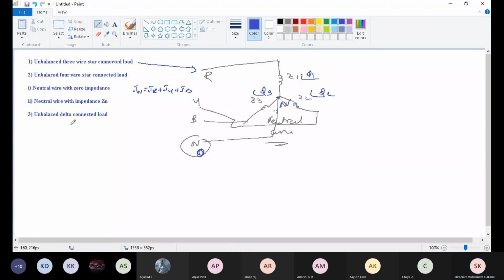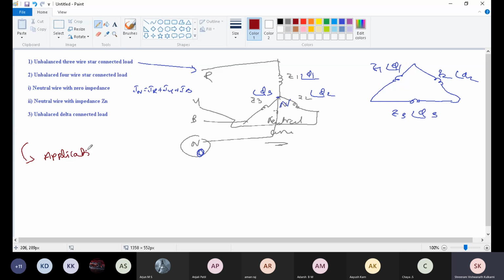Then unbalanced delta load, simple, Z1, phi 1, Z2, phi 2, Z3, phi 3. Okay, now how are we going to solve and analyze this? There are two methods. First one, application of Millman's theorem.